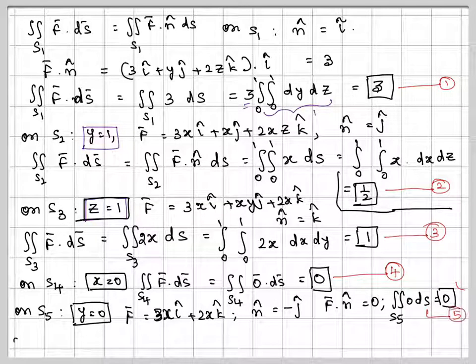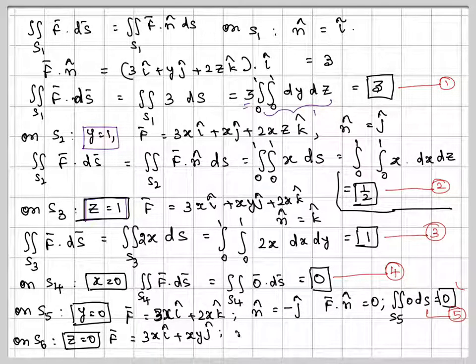The last face is going to be S6. On S6, z equal to 0. If you substitute z equal to 0 into F, this will become 3xi plus xyj plus 0k, and n is negative k, which is the outward normal. So if you dot product F and n, it will become 0.